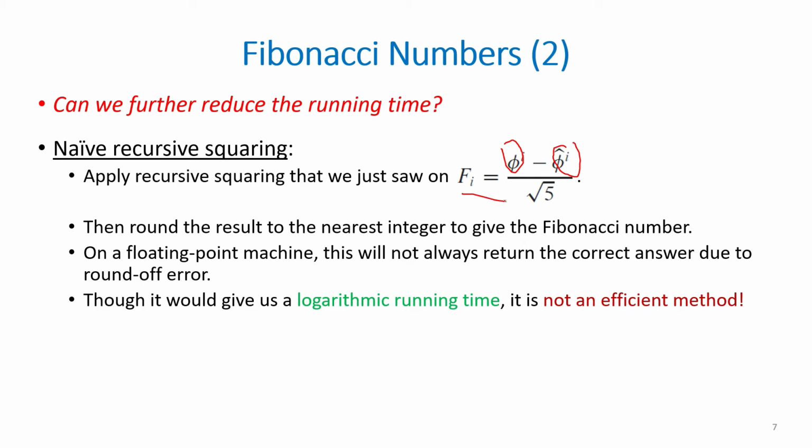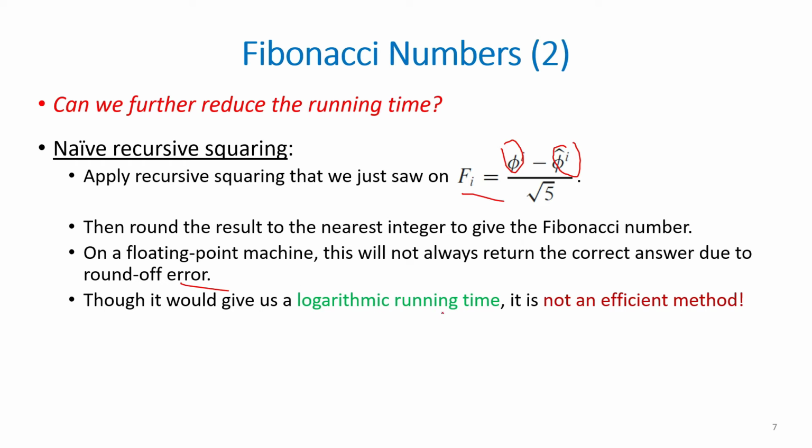The issue here is that phi is an irrational number that is a solution to the quadratic equation x² - x - 1 = 0. So since floating point machines use a finite number of bits to store decimal numbers, squaring phi will result in round-off error and therefore will not always give the correct value for f(i).